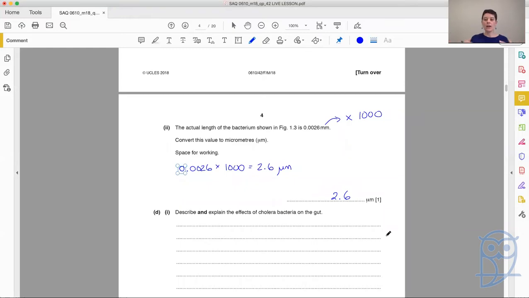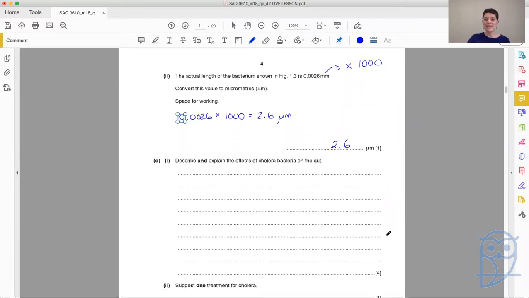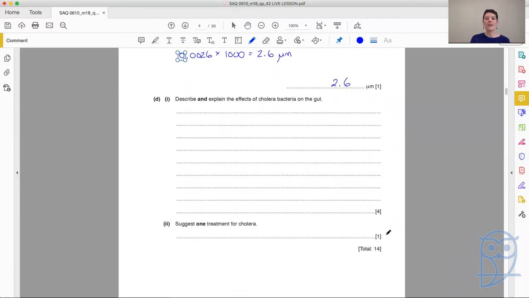So we've had quite a nice introduction to this paper. We've had quite a lot of just giving answers, and now they ask us something a little bit more fun. Describe and explain the effects of cholera bacteria on the gut. So 4 marks, which means we need 4 solid, really good points that we're going to make. So what's the first thing? We always talk about cholera. Cholera produces toxins, right?